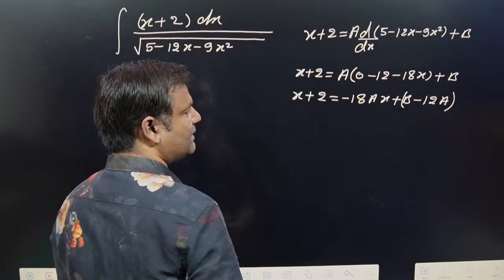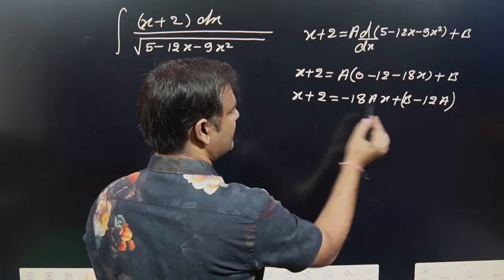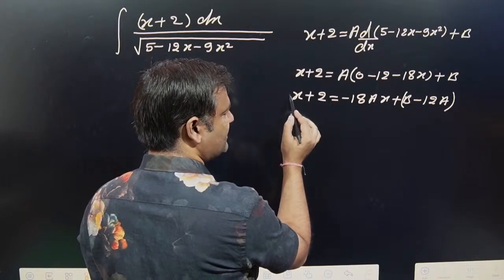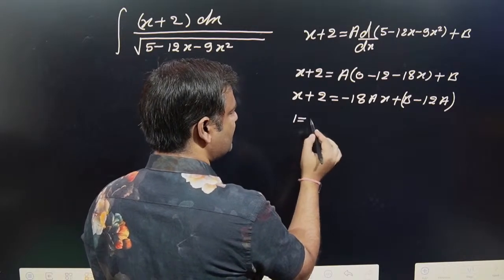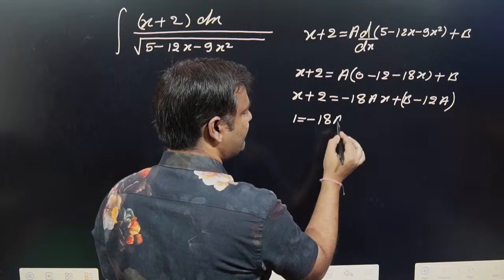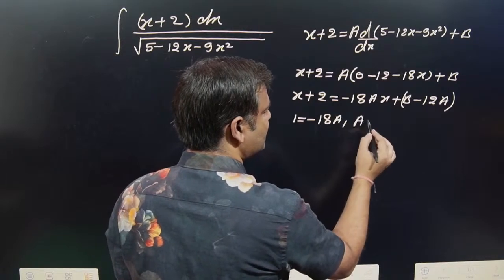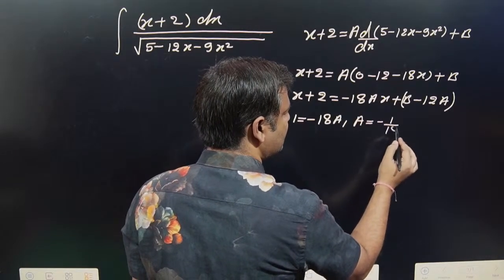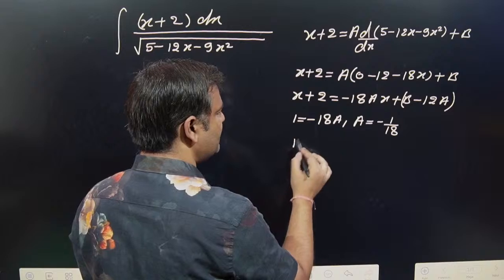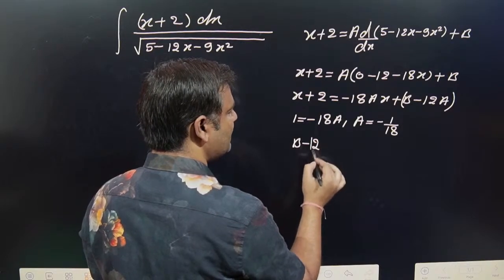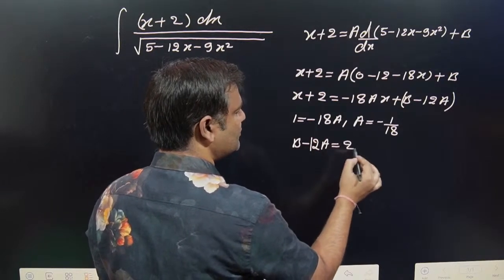After that, look here very carefully, compare the coefficient of x, which is 1, so 1 will be equal to minus 18a, so a is how much? Minus 1 by 18. And b minus 12a will be equal to 2.